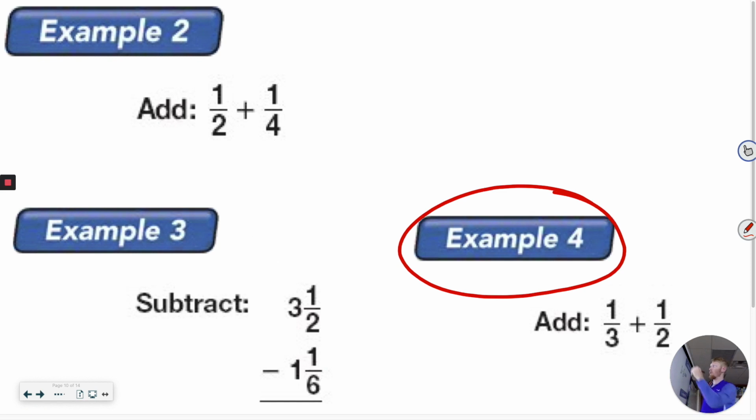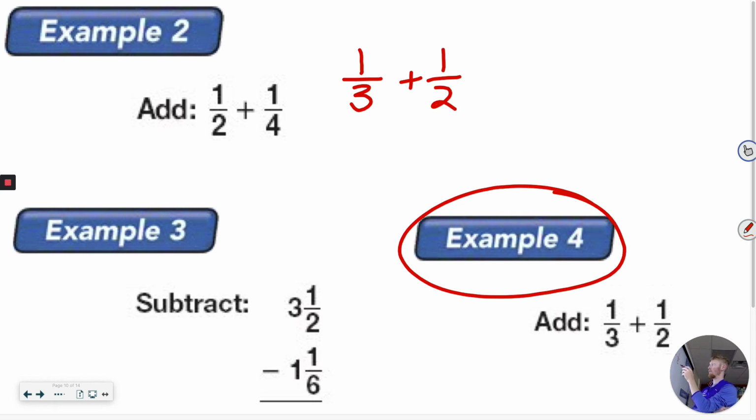All right, so I have 1/3 plus 1/2. Now, in this case, I kind of run into a problem because I can't just multiply this 3 by something to make it a 2, or I can't just multiply the 2 by something to make it a 3. So I need to find the least common multiple of 3 and 2.